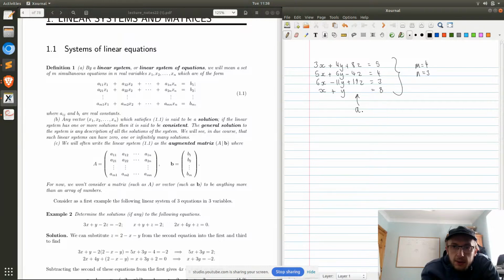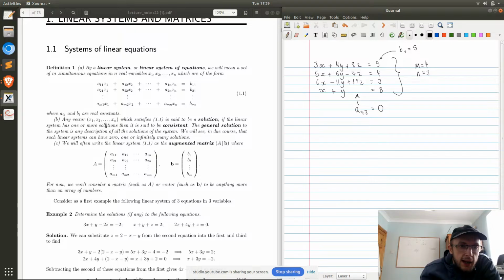So here, row 4, column 3. In this particular instance, it happens to be 0. And B1 is 5. Okay, I get it.